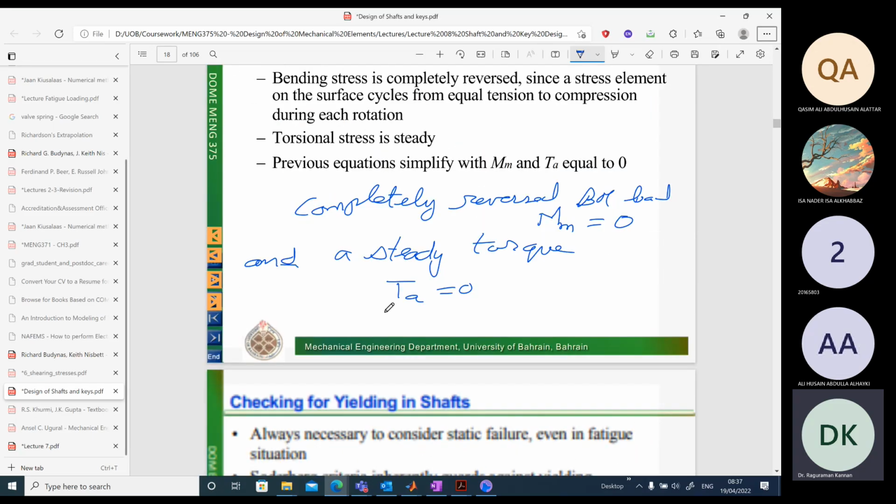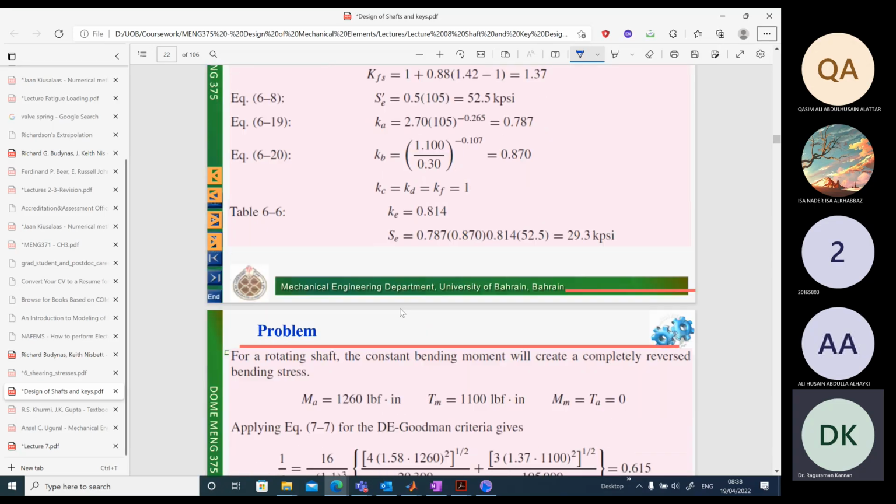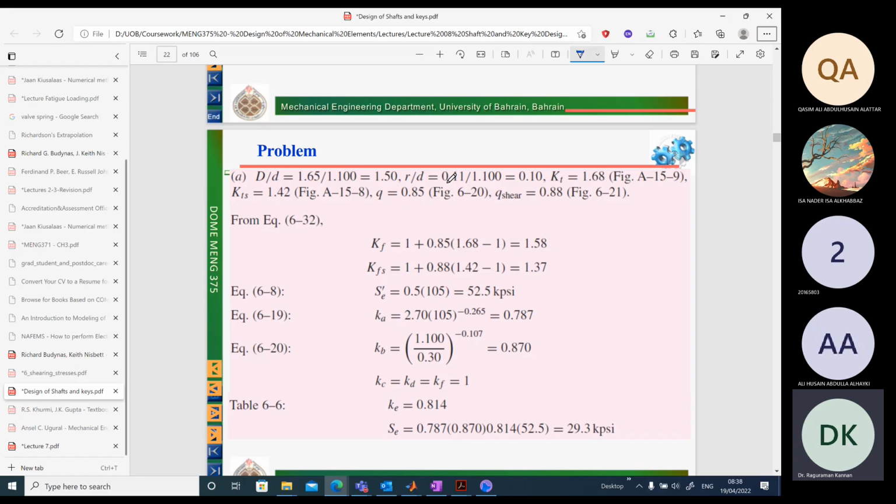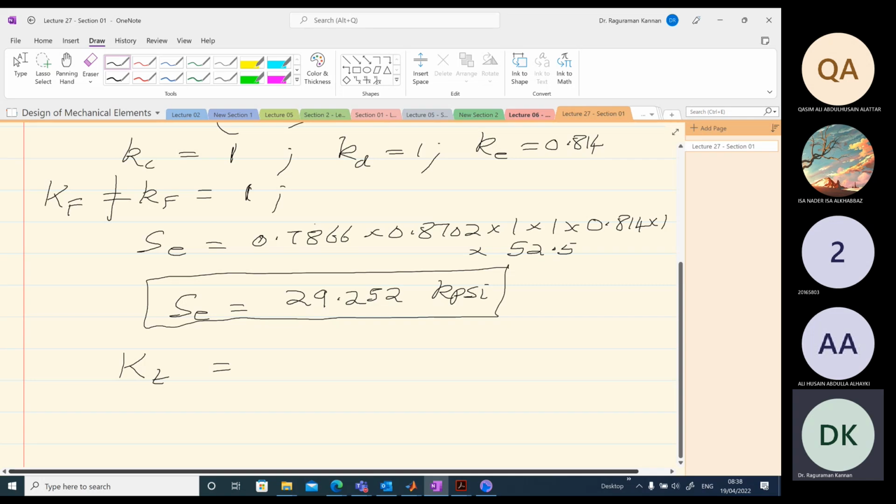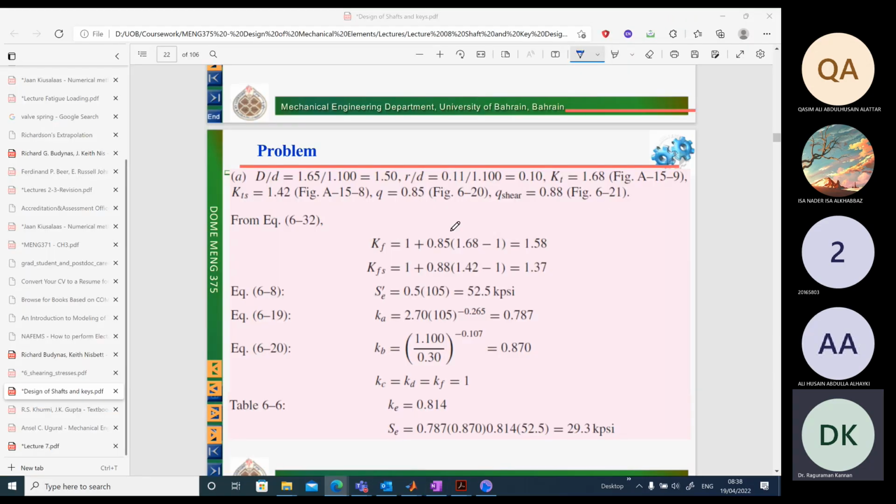Okay, so this we obtain from the Peterson's graphs. I'm not going to go through that. So let's see here. For the given ratio here, fillet radius, they have calculated all the values. You can see Kt equal to 1.68, Kts is 1.42. They have obtained these values from the graphs, Peterson's graphs.